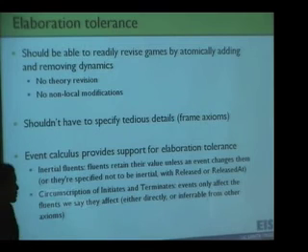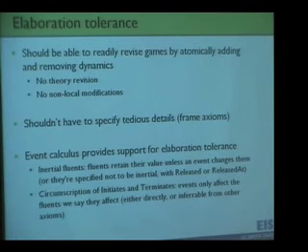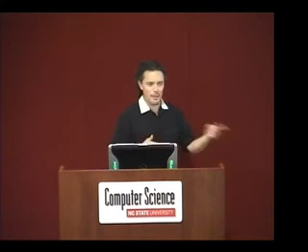Events only affect the fluents we say they affect, and that kind of circumscription lets you work around having to have a bunch of frame axioms. Frame axioms would be an example of something that's not elaboration tolerant. Once you have a bunch of frame axioms floating around, then every time you make a change, you have to change a bunch of frame axioms too.